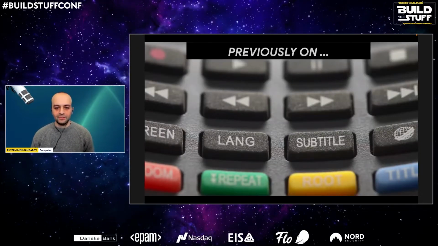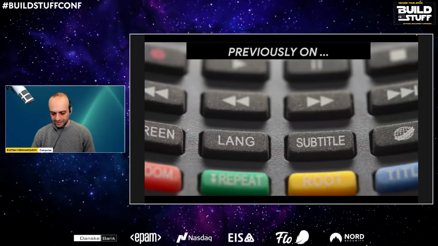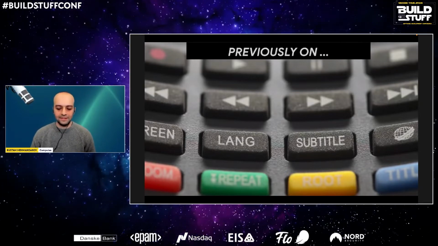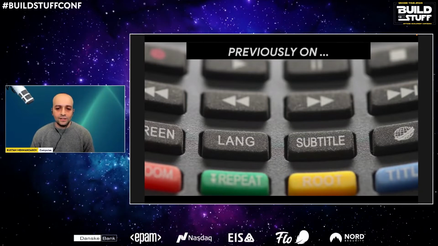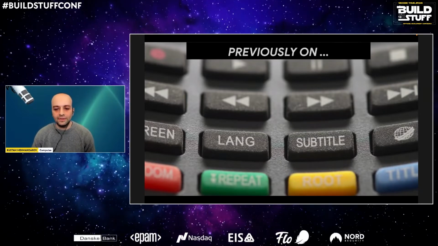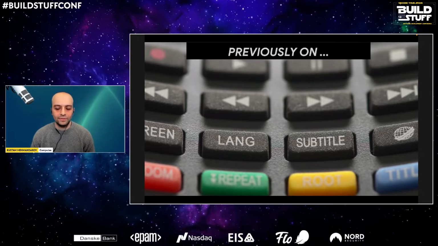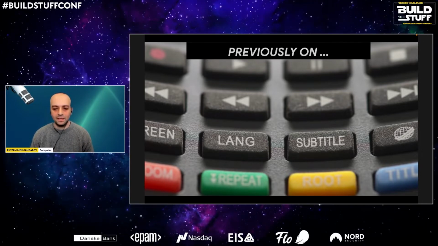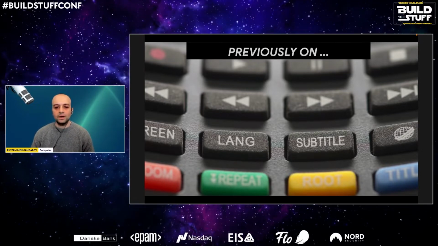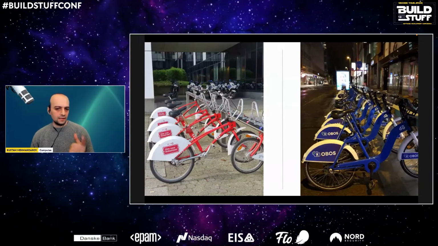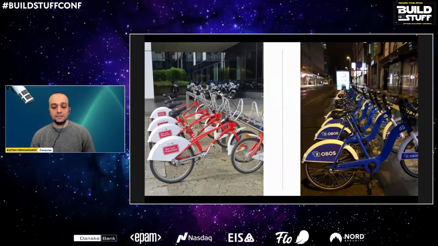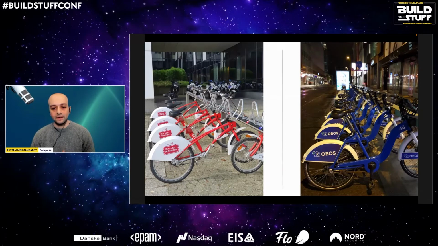This is the classic "previously on" or "earlier in the series" kind of slide. The thing I'm going to use as an example and as a playground for this kind of data processing, data pipeline thing, is bikes like that. The bikes you see on the right side are definitely from Oslo.